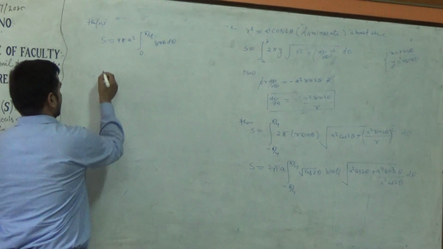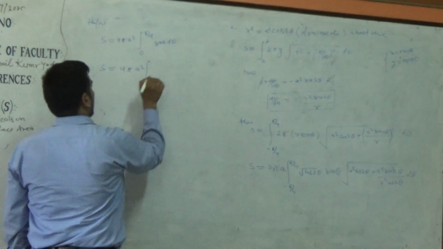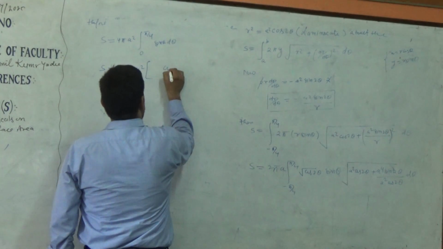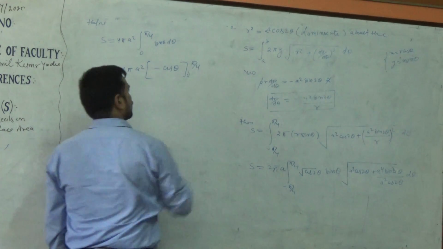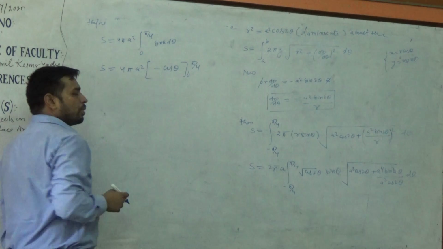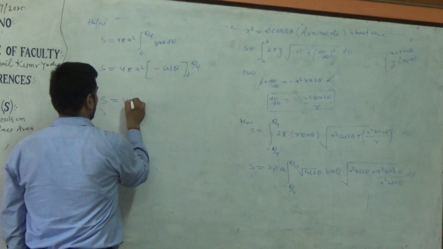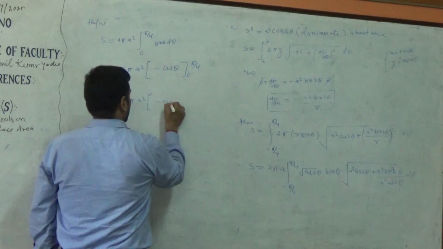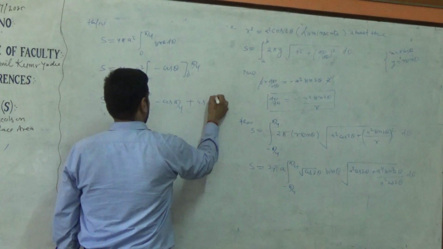Now we integrate. S equal to 4 pi a square, and the integration of sin theta is minus cos theta, from 0 to pi by 4. Now we substitute the limits, upper limit minus lower limit. Then S equals 4 pi a square into minus cos pi by 4 plus cos 0.